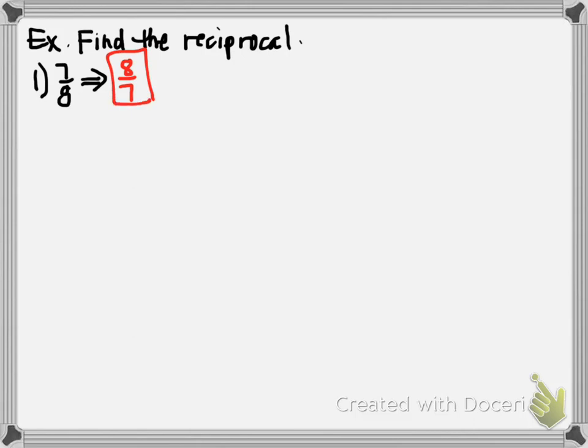Okay, and that's it. So original problem equals answer. If you have a -5, remember that it means the same thing as -5 over 1. Now we're ready to do the inverse, and it would be -1 over 5.